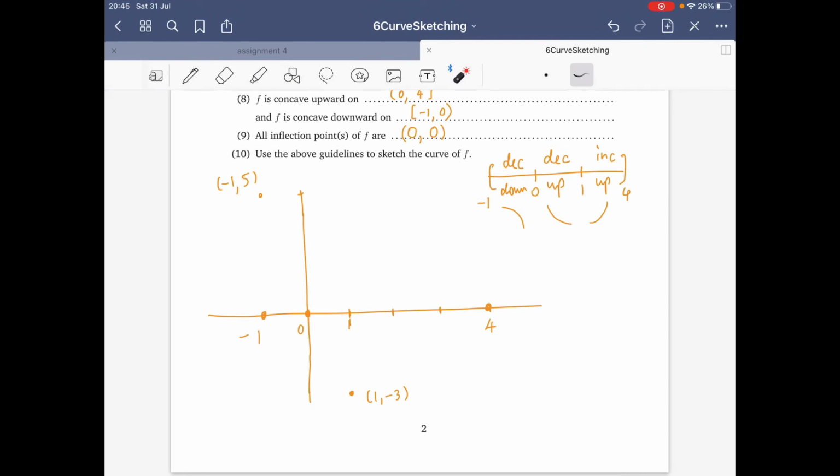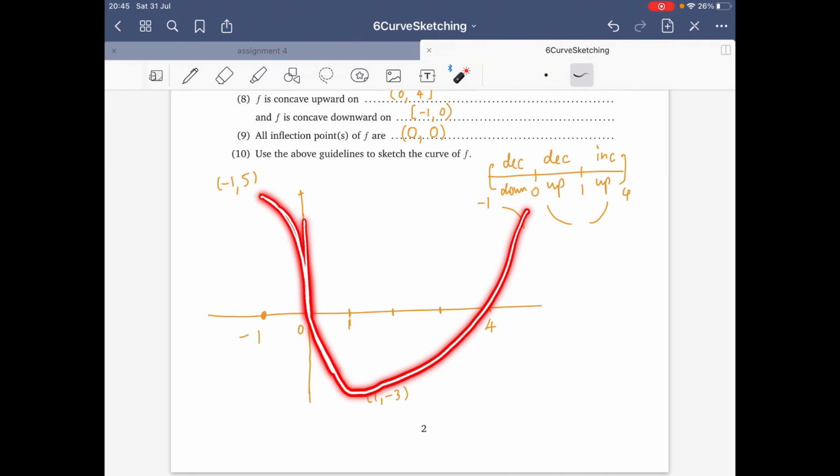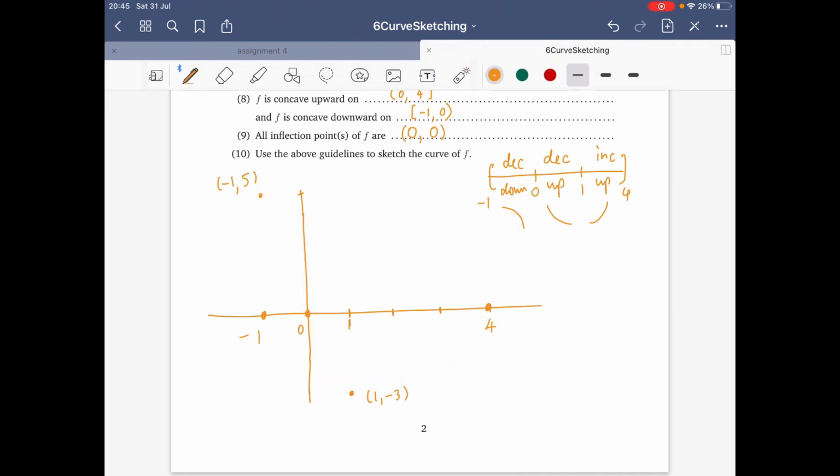Now we have this one going down like that, and then still going down, because it is decreasing, but the concavity is up, and later on it will go up like that. This will be pretty sharp because at 0 the derivative does not exist, remember? The shape will look like that, pretty sharp here and here as well.